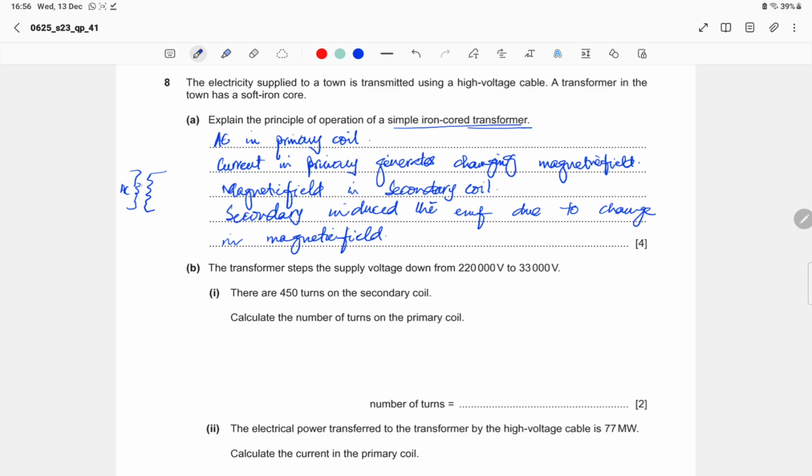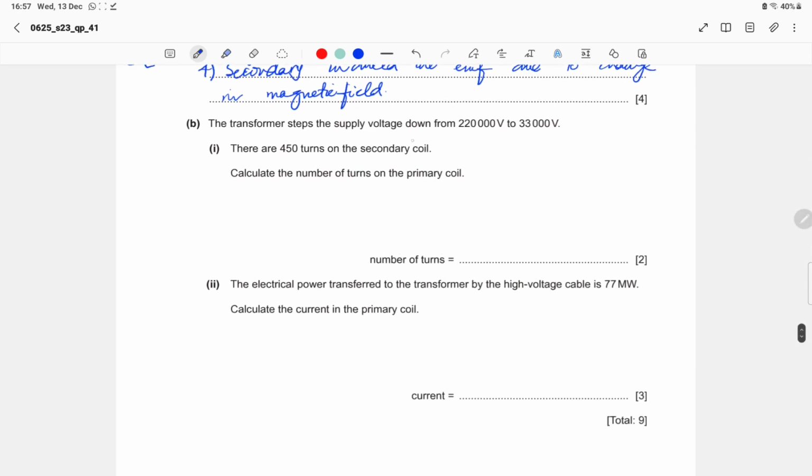The current in the primary generates a changing magnetic field, and that magnetic field affects the secondary coil, and the secondary coil will have an induced EMF due to the changing magnetic field.